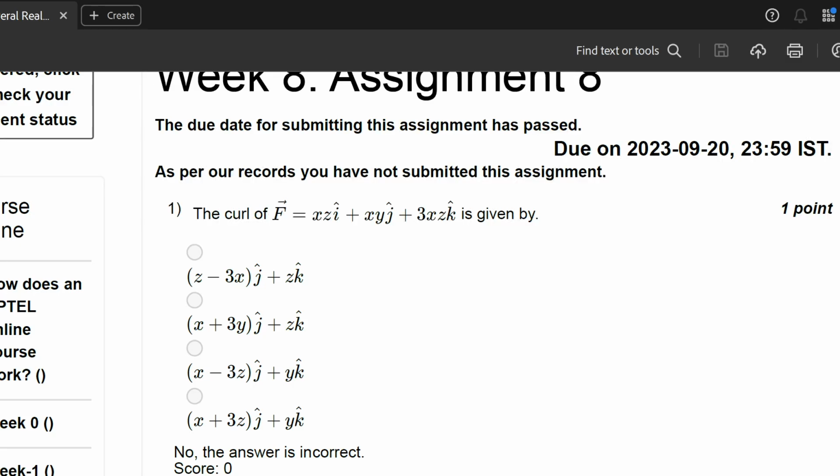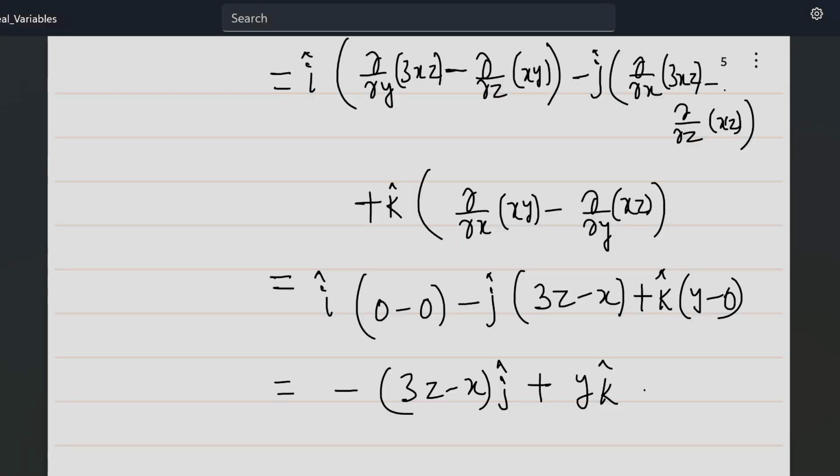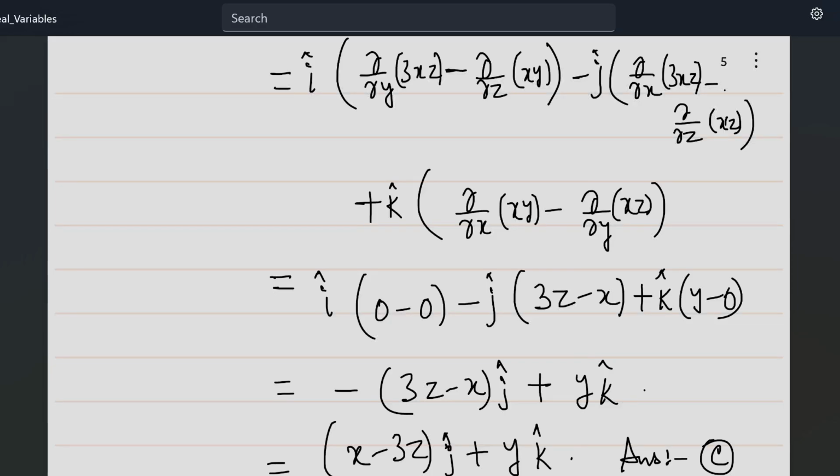Let me see. The previous year assignment is saying the answer is the option x minus 3z. Oh, okay, I have to take the minus inside. So it is x minus 3z plus yk. Correct? The answer is option number C. Okay. Any question? It is just a normal computation of a determinant.